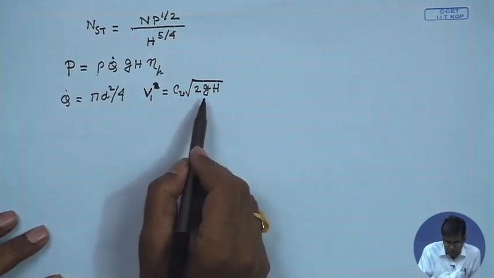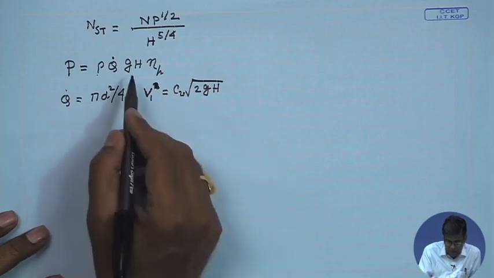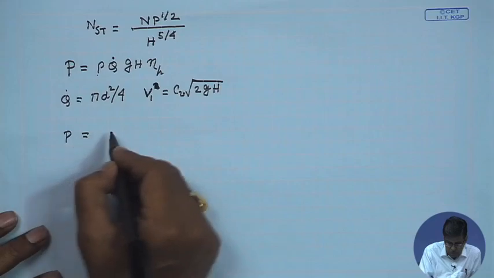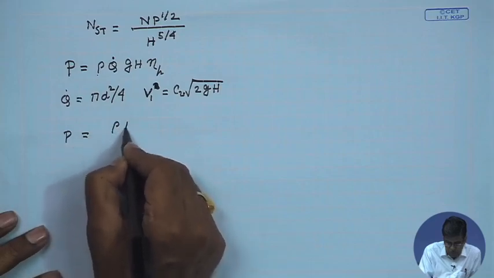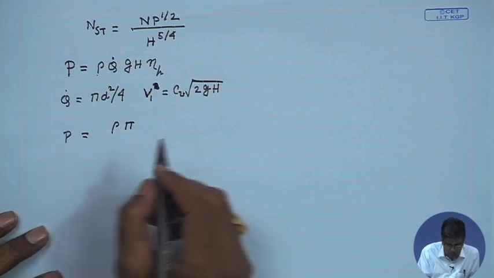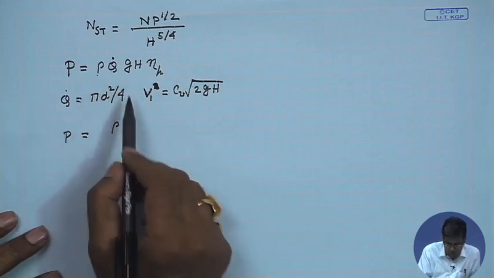So, if we define this way, then we can write P is equal to rho pi.